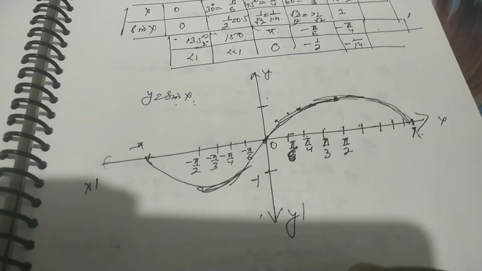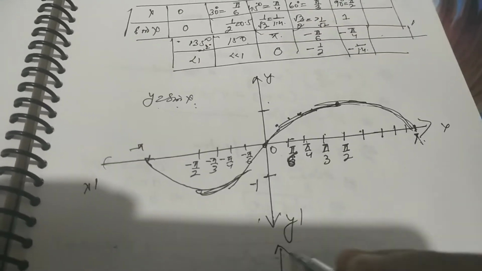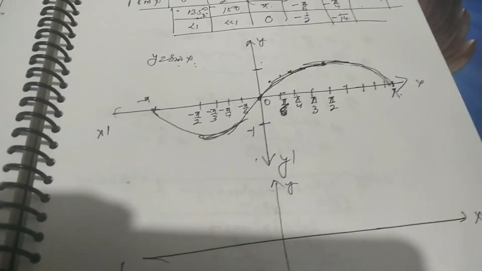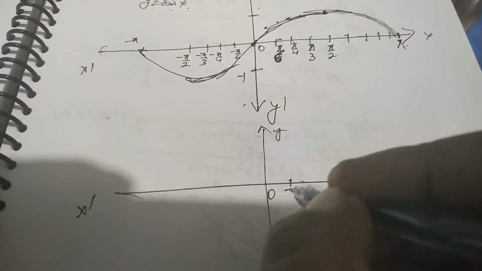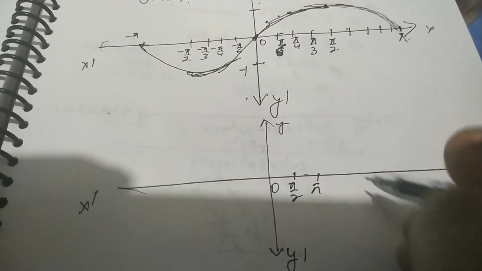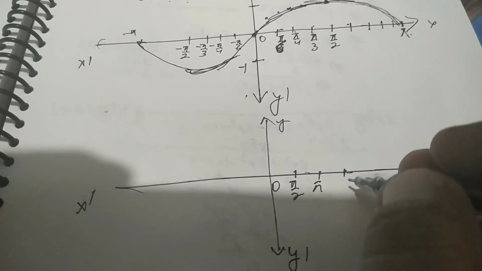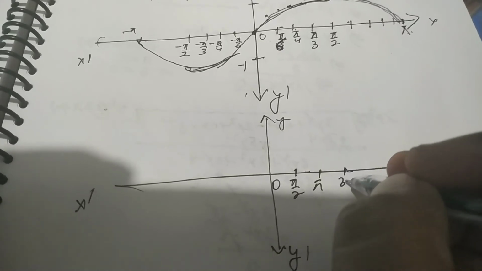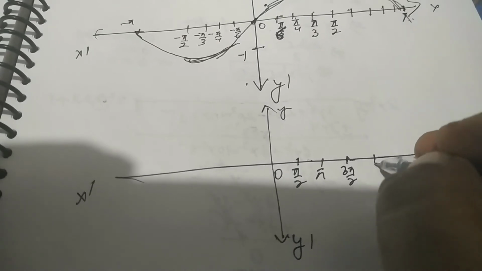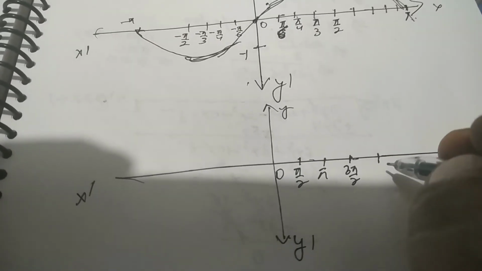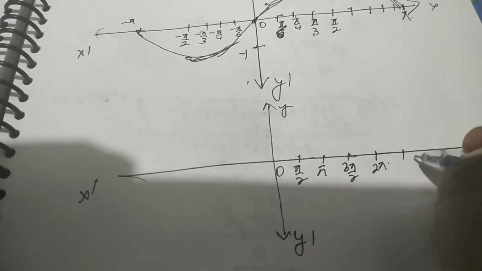If you draw this graph, we have x, x dash, y, y dash. Compressing the graph, this is 0, this is π by 2, this is π, this is π plus π by 2, which is 3π by 2, and that is 2π, and so on.